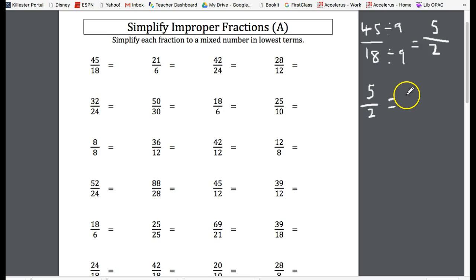So I have two whole 2s, and what's my remainder? If you're a bit unsure, you can multiply these together. 2 twos make 4, so I have one remainder, because I wanted to get 5. So it's 2 and a half. I'm going to write that answer over here: 2 1/2.